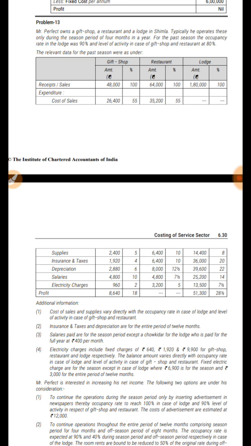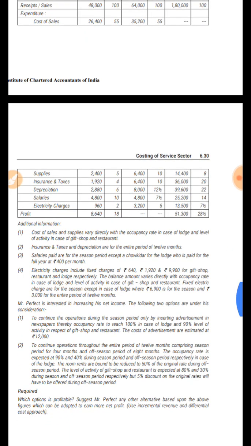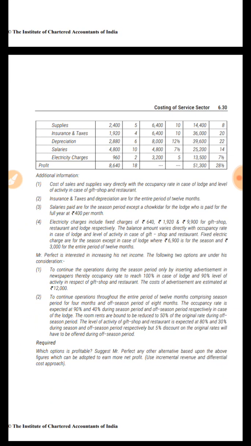Okay, then expenditure, cost of sales 26,400, 55%, and 35,200, 55%, dash. Then supplies they have given 2,400, 5%, 6,400, 10%, 14,400, 8%. Insurance and taxes 1,920, 4%, 6,400, 10%, 36,000, 20%.